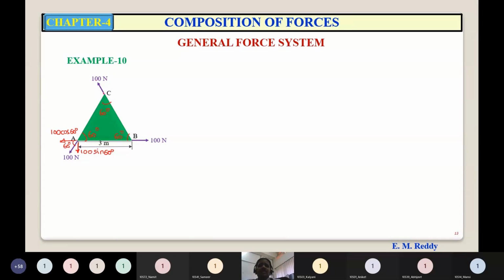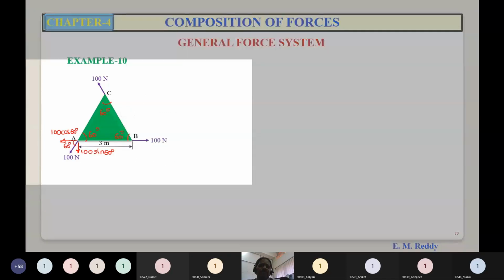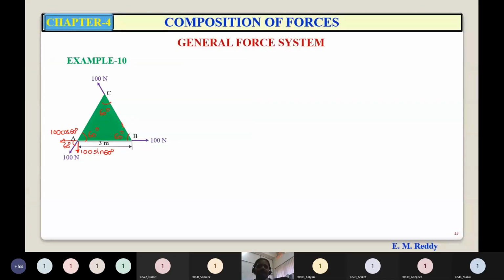See, this 100 Newton, which is acting at C, by the principle of transmissibility of forces, I will transfer from point C to point B along the same line of action. And then I will resolve into X and Y components.